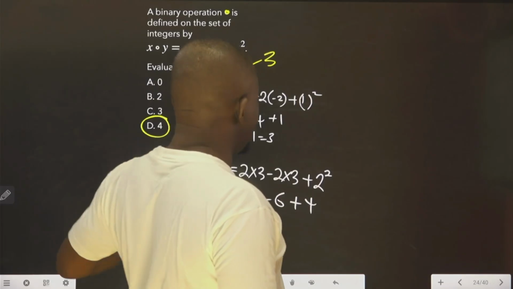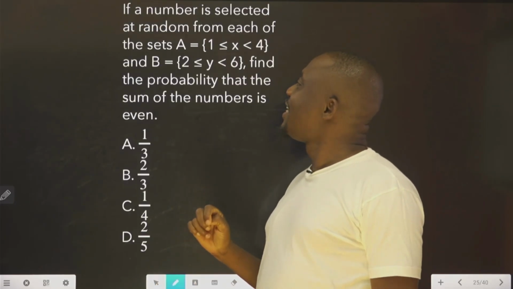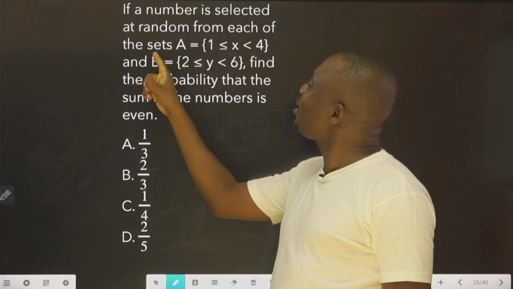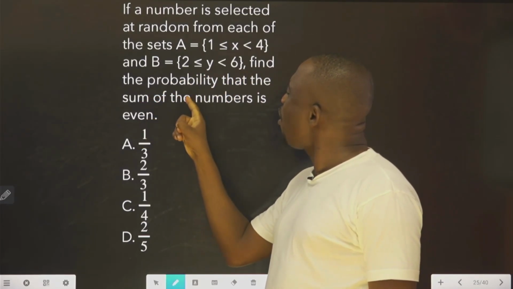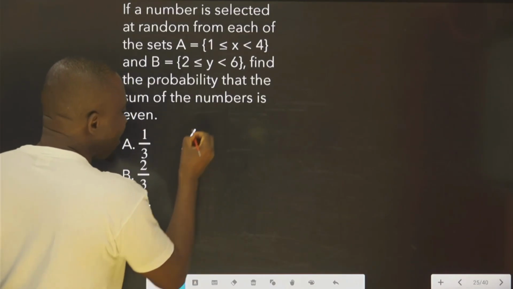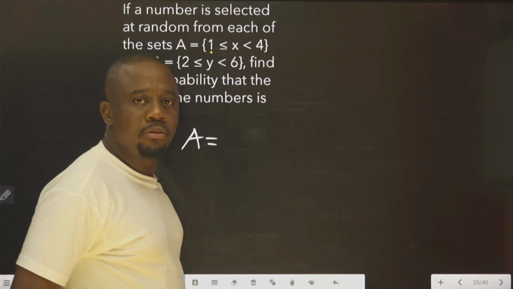Hope you understand this. Hope there's no question. Let's look at this question. It says, if a number is selected at random from each of the set A and set B, find the probability that the sum of the numbers is even. The first set of numbers A, what are they? From 1 to 3.